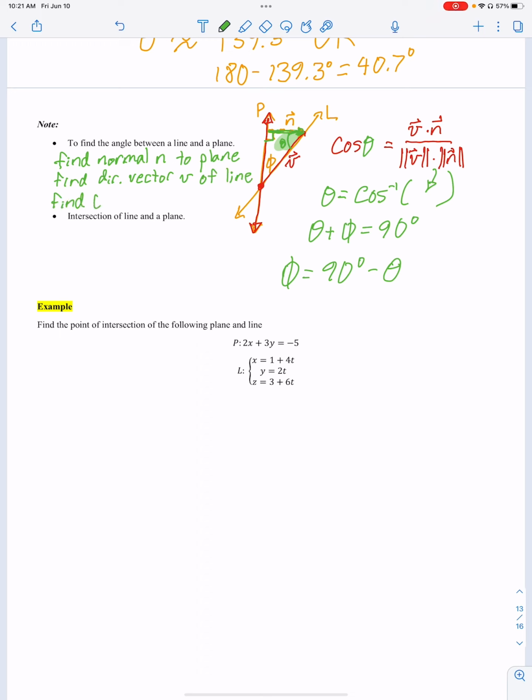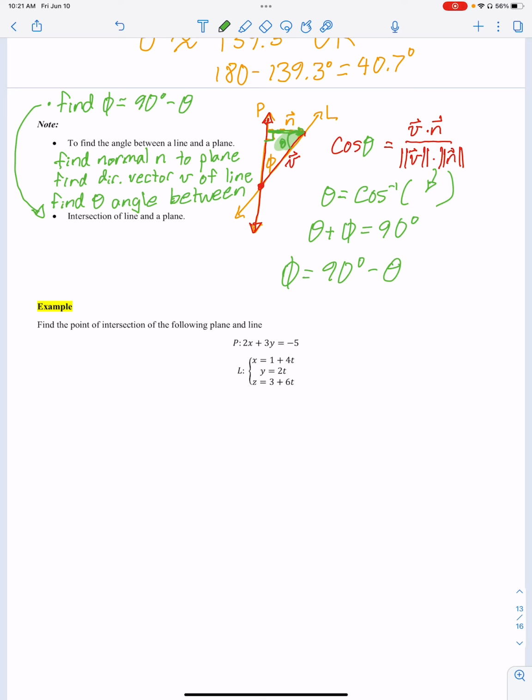Find theta, the angle between. And then the last thing, find phi, which is 90 minus theta. There you go. That's how you find an angle between a plane and a line.